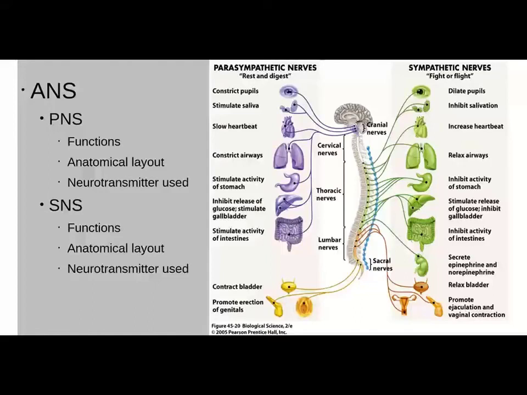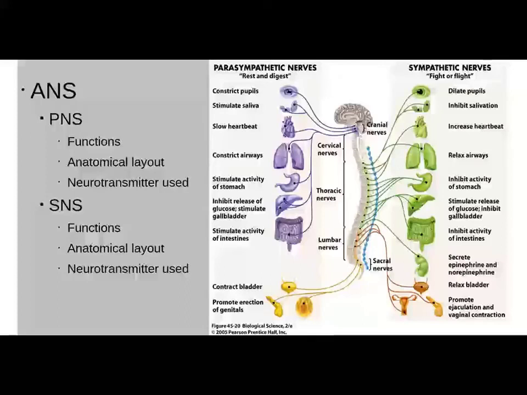The layout of the PNS and the SNS are different. First, let's look at the PNS. The PNS arises from either the brainstem or the sacrum. So that preganglionic neuron comes off of either way up here at the top of the spine or way down here at the very end.